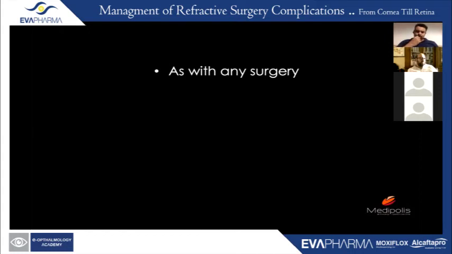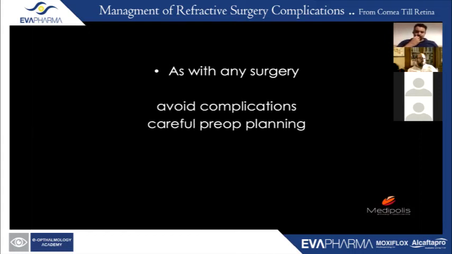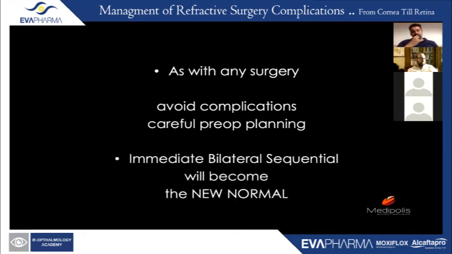So in conclusion, I can say, as with any surgery, avoid complications. And how do you do it? By careful preoperative planning. And in these post-COVID times, we more and more do immediate bilateral sequential surgery. Why? Because we diminish the amount of visits in the clinic, which is much appreciated by the patients.